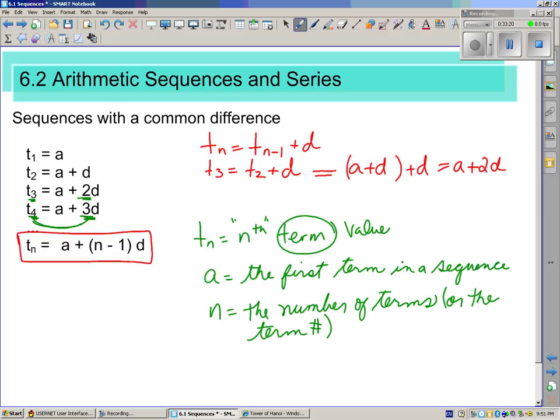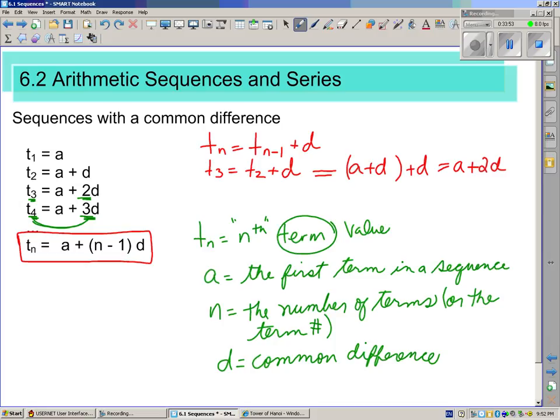Am I the first person in the line, or am I the 10th person in the line? You're using words like first, second, third, fourth, like a counting number. And D is the common difference. So if I'm adding, it's positive. If I'm subtracting, it's negative. And that is what we're going to be looking at.